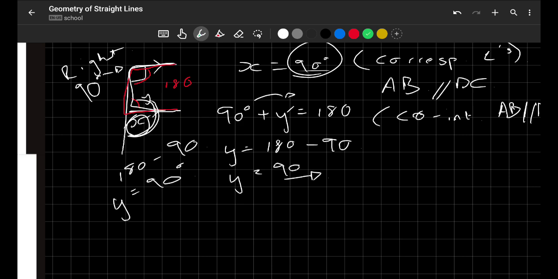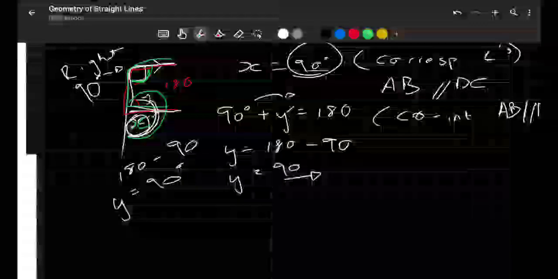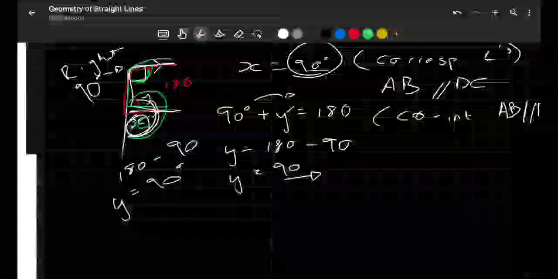But if they give you x but don't give you this right angle here, you can't use co-interior angles, but instead you have to use angles on a straight line. So knowing these different ways to the same answer means that if one way is blocked, you can use the other way, right?